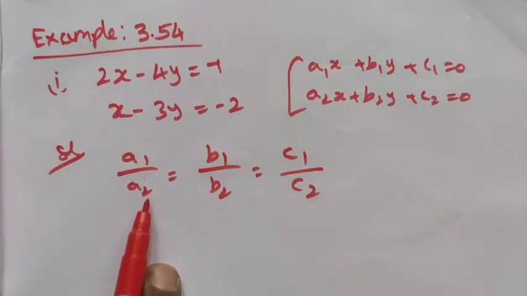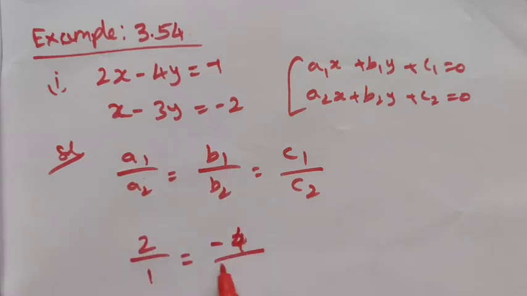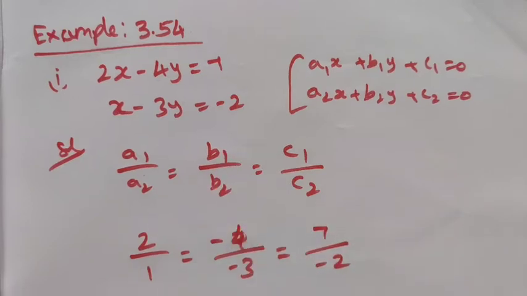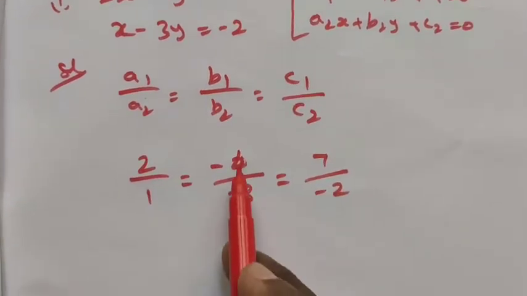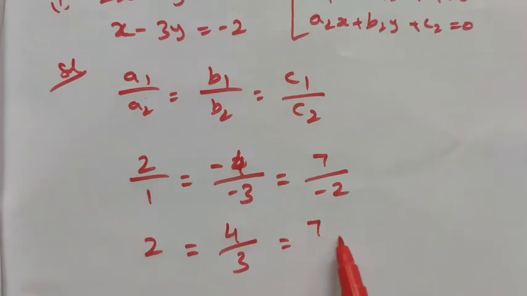See, a1 divided by a2 is equal to 2 divided by 1, and b1 divided by b2 is minus 4 divided by minus 3. c1 divided by c2 is 7 divided by minus 2. Both numerator and denominator have the same negative sign, so cancel that, and we get 4 by 3, and minus 7 divided by 2.